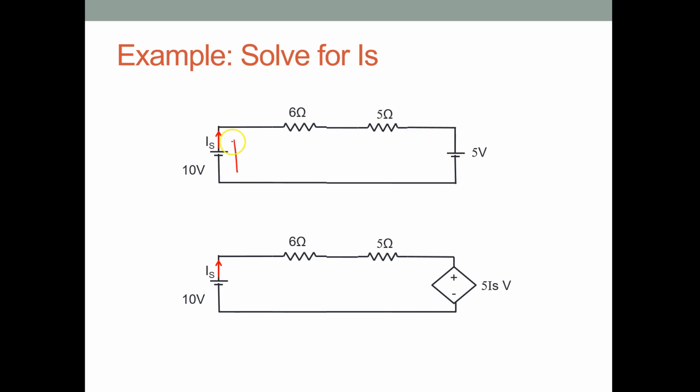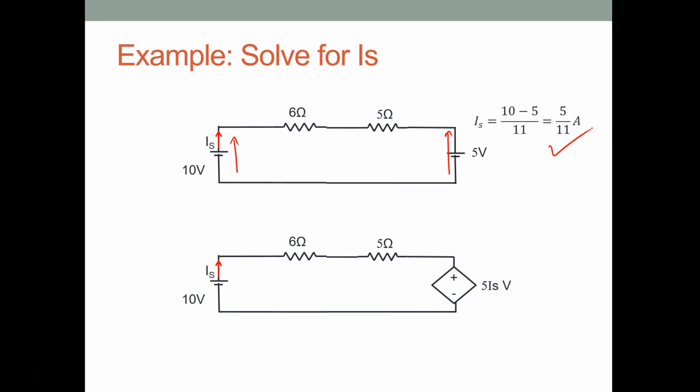So we have 10 volts across here and we have 5 volts across here, and we want to find this current IS. So very simply, if we had to do this, we will say IS is 10 volts minus 5 volts on 11 ohms, 11 ohms being the sum of these two, and that gives us 5 on 11 amps.